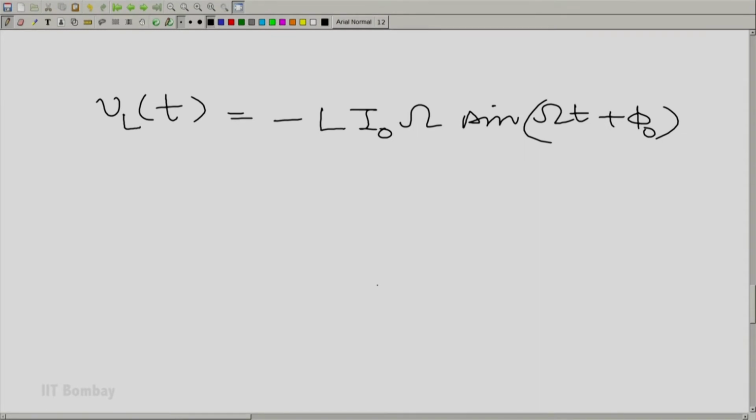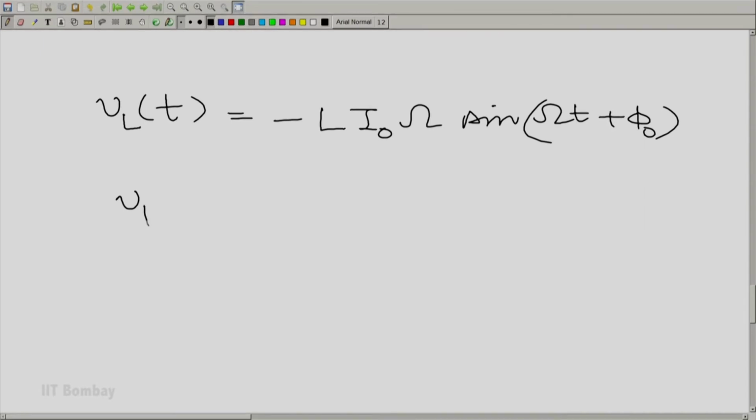Now, of course, you can see that there is essentially a 90 degrees phase difference between the voltage and the current. We know this for a sinusoid. If you have a sinusoidal excitation in an inductor, there is a 90 degrees difference between the voltage and the current.